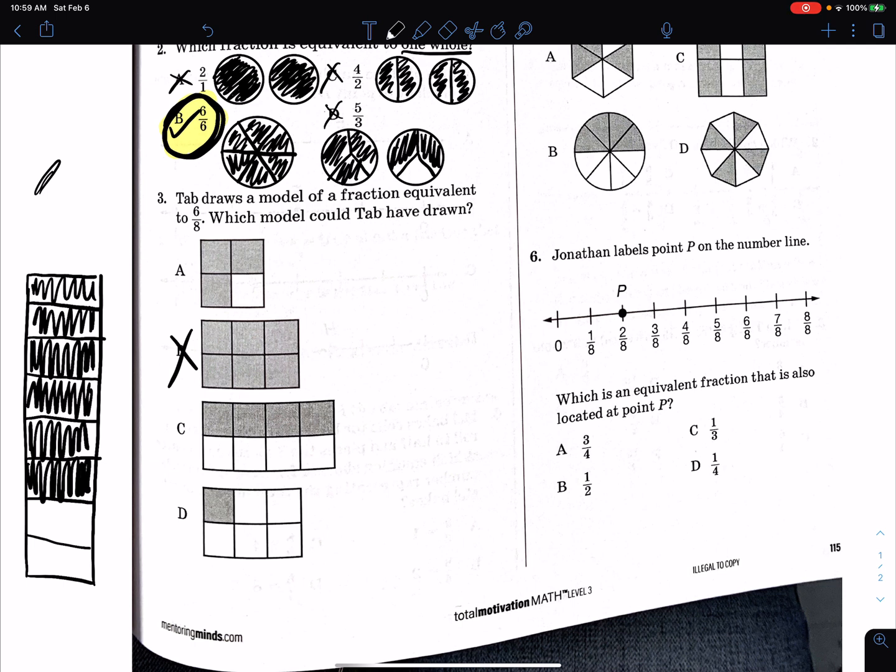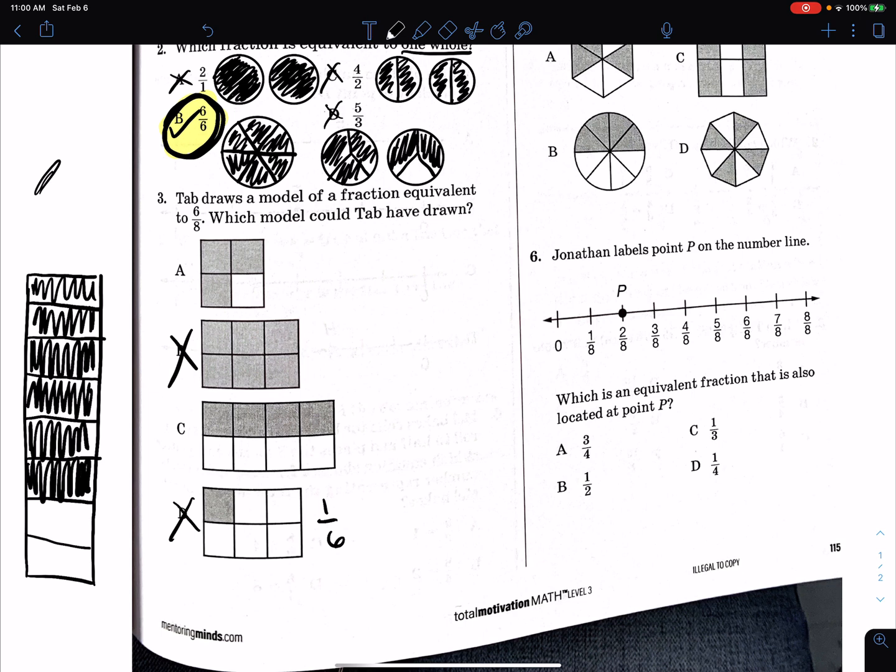I can also see that letter D has, even though it's 6, 1, 6, it's not going to be the same. It actually has less shaded.